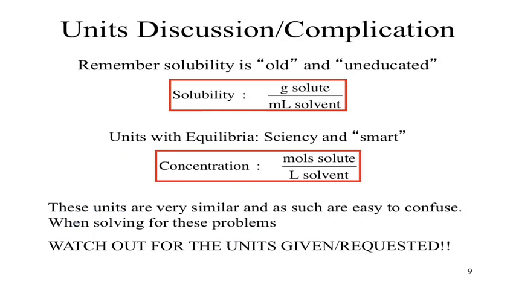We only had what we could weigh out and how much we could dissolve it in. So typically, when you look at the units for solubility, they almost always give it to you in grams of whatever you're trying to dissolve, your solute, divided by the milliliters of your solvent. So be aware that when you try and solve problems, you may see these odd units.